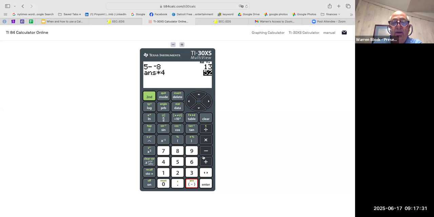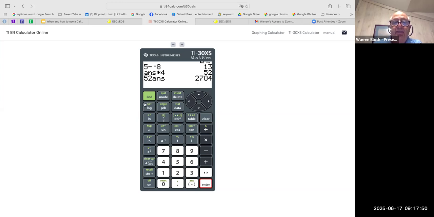Okay. And so if we want to get 52 as our answer working in a problem, I can press second answer. Now I think I'm going to multiply those two. So if I multiply 52 times 52, I get 2704.